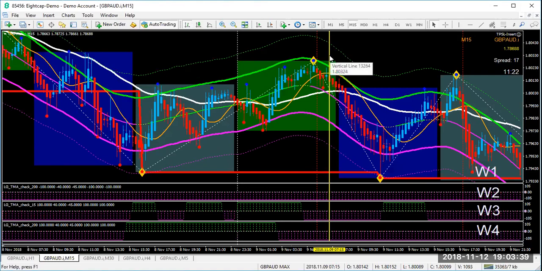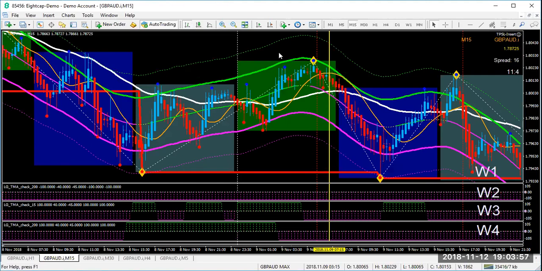The thing with the solid vertical lines is they have a probability of over 89% of achieving and passing the opposite river channel.